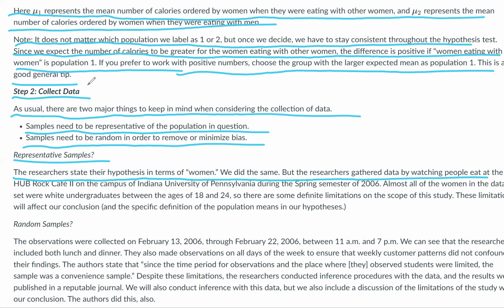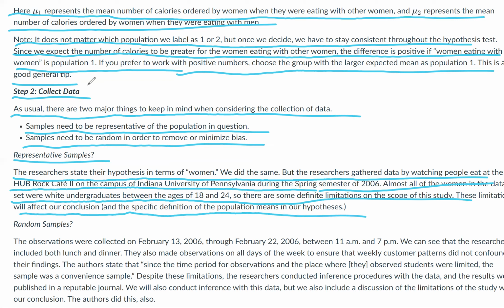We did the same, but the researchers gathered data by watching people eat at the Hub Rock Cafe on the campus of Indiana University in Pennsylvania during the spring semester of 2006. Almost all of the women in the data set were white undergraduates between the ages of 18 and 24, so there are some definite limitations on the scope of the study.